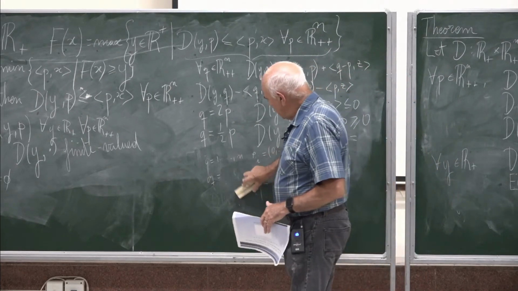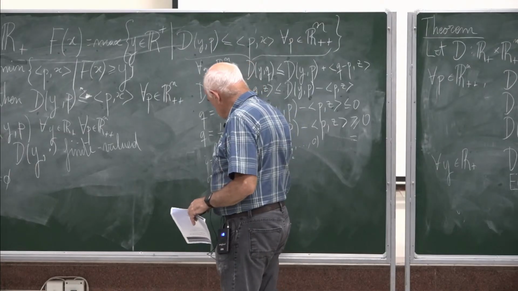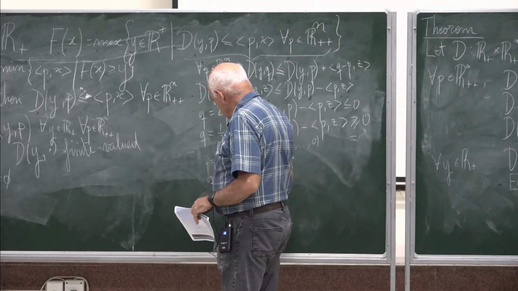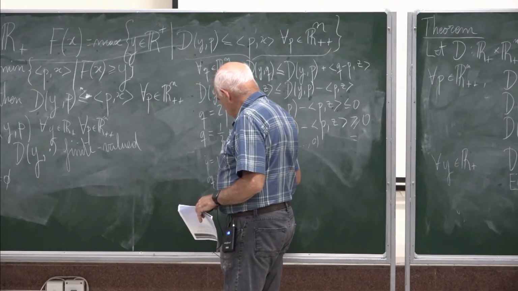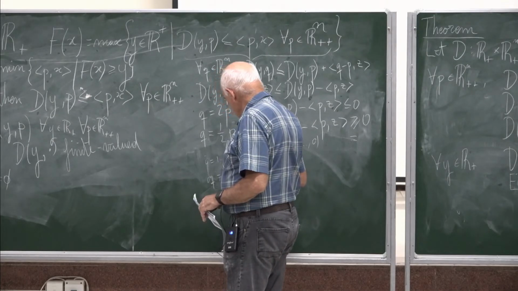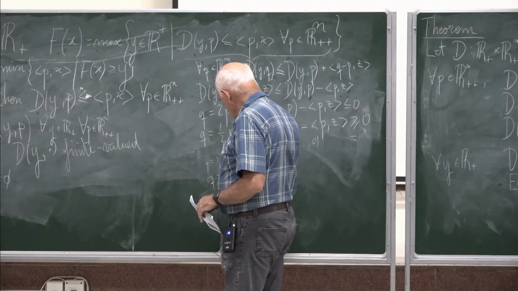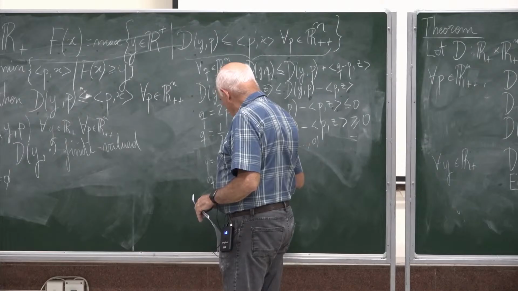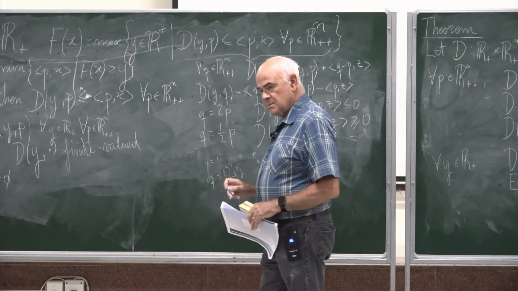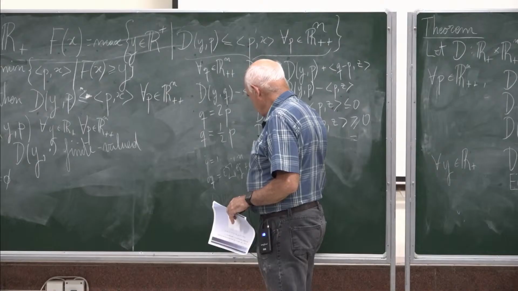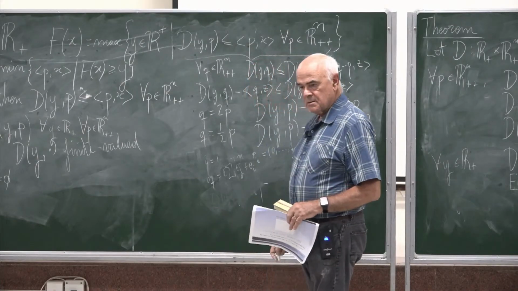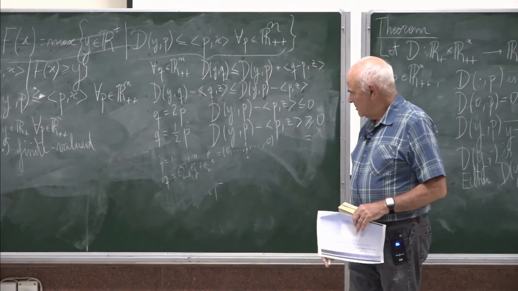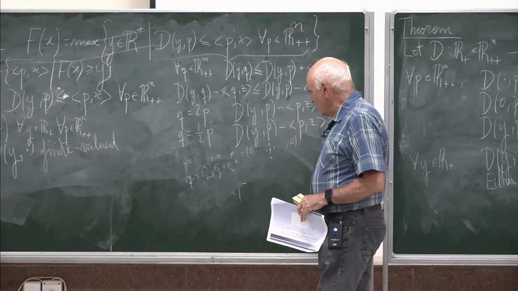Okay, so I take q equal, let's say, epsilon, the sum of all the ej's, plus ei. Okay, I think this is going to work.